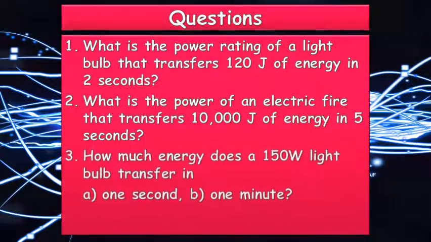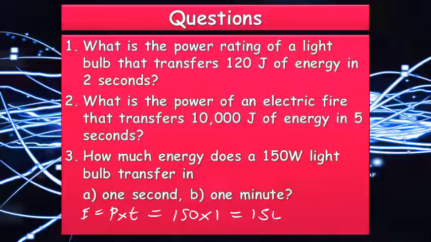And the final one is, how much energy does a 150 watt light bulb transfer in 1 second and 1 minute? Now be careful with that 1 minute. For part A, how much energy? Energy equals P times T, so 150 times 1, which is 150 joules. Remember, it's joules now because we're dealing with energy.